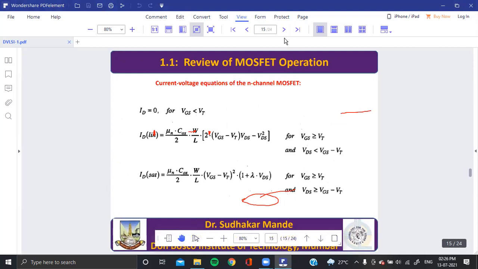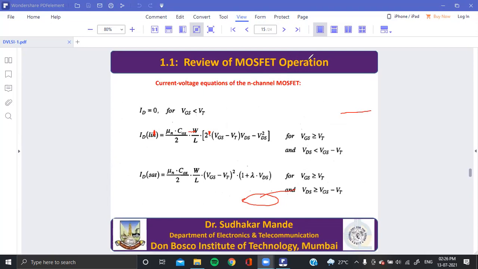Now these are the various equations here. Can you see the various equations? ID, linear and saturation. These are the NMOS equations. ID is 0 when gate to source voltage is less than threshold voltage. Then ID is in the linear region when gate to source voltage is greater than VT, but VDS is less than VGS minus VT.